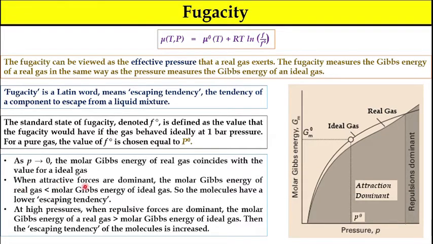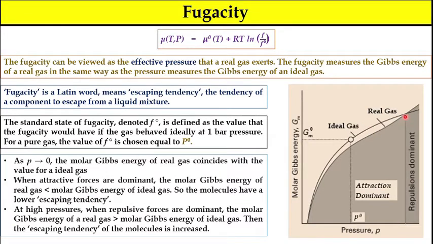When attractive forces are dominant, you can see here the attractive forces are dominant, the molar Gibbs free energy of real gas is less than the molar Gibbs free energy of the ideal gas. Here you can see this is the molar Gibbs free energy for real gas, and it has a lower value than the ideal gas. So here molecules have a lower escaping tendency.